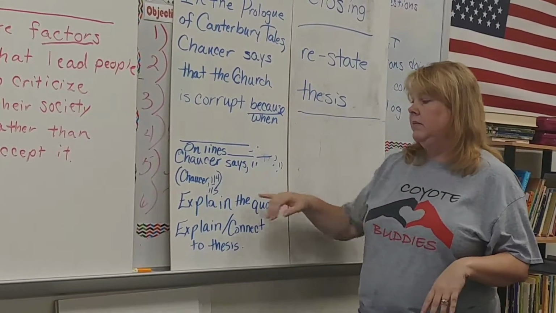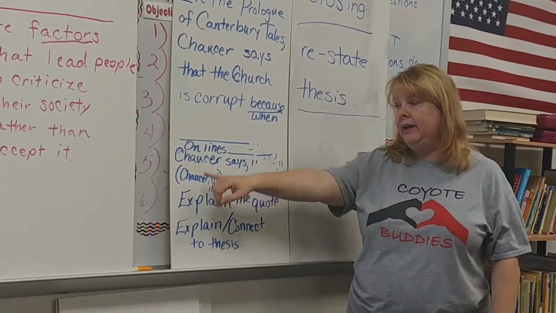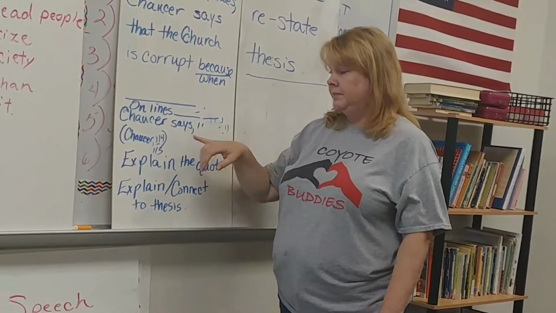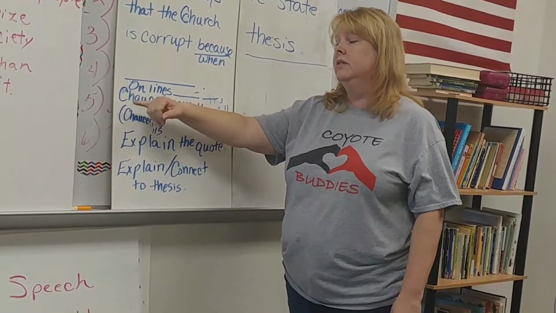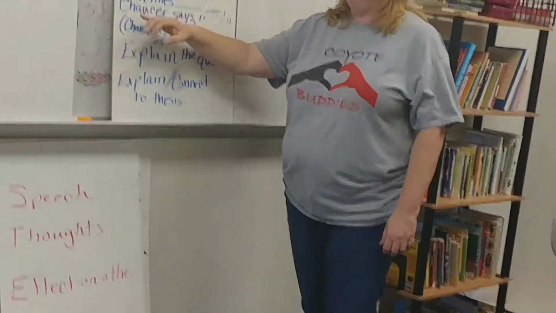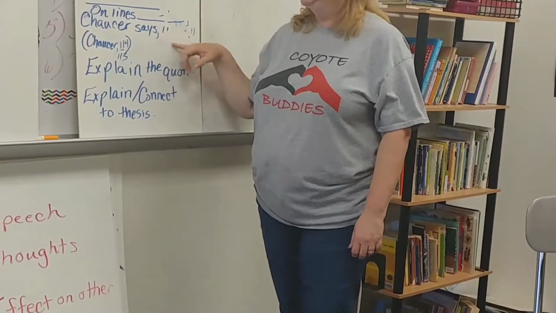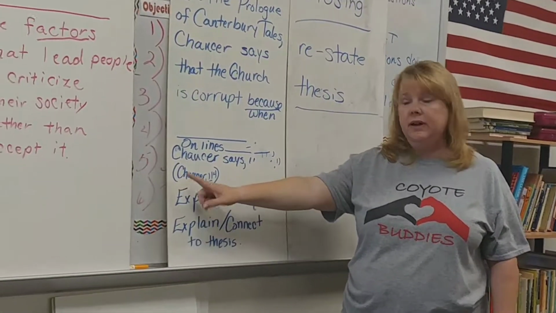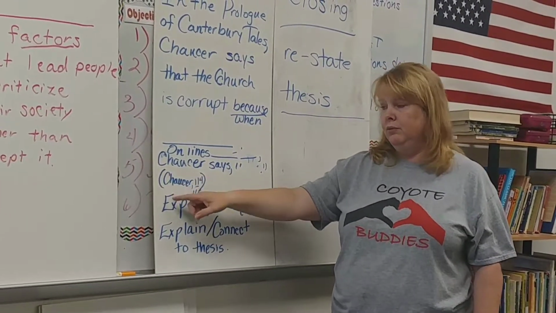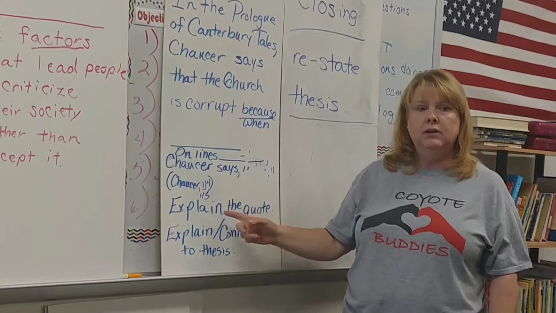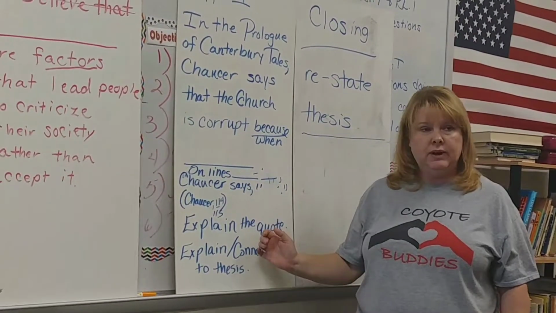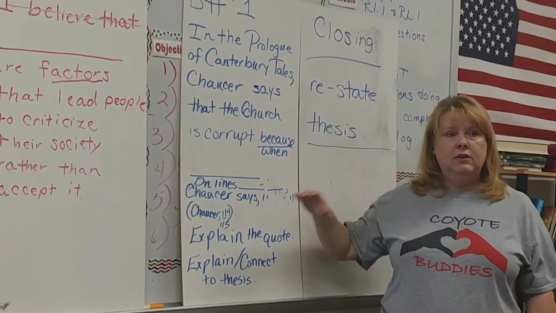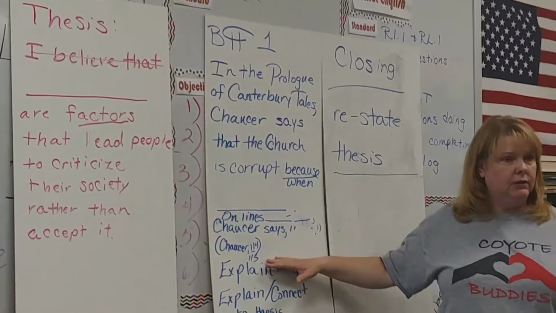Okay? So you could say on lines blank through blank, Chaucer says, or you could say Chaucer says blank, and then at the end you're going to put in parentheses Chaucer and the page number, parenthesis. Okay? Are we clear with how to get the quote?